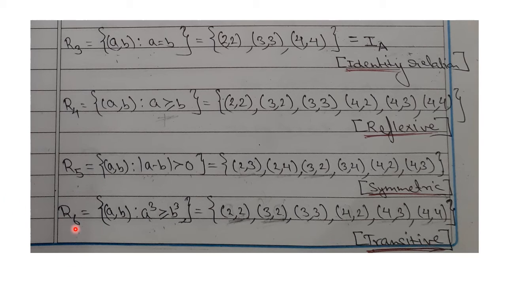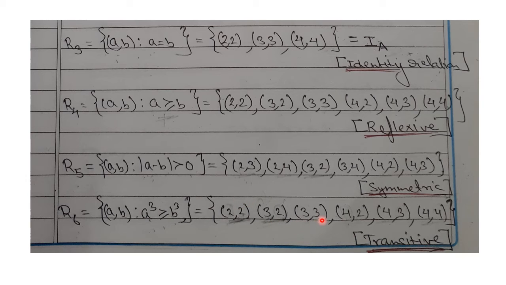Now next is R6. Here the condition is the cube of the first should be greater than or equal to the cube of the second. By this condition, we have got these ordered pairs from A cross A, and here we notice that if I have 3 comma 2 and 2 comma 2, the second component is equal to the first component, so I've got 3 comma 2 also, that is here.